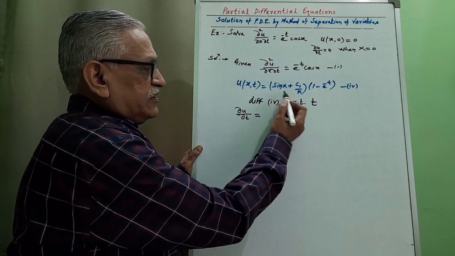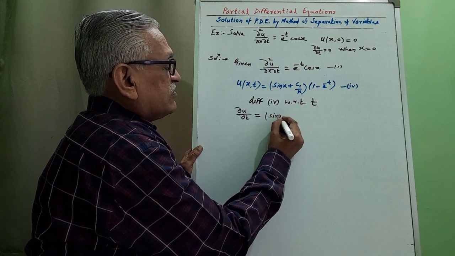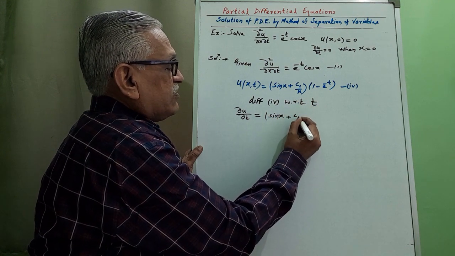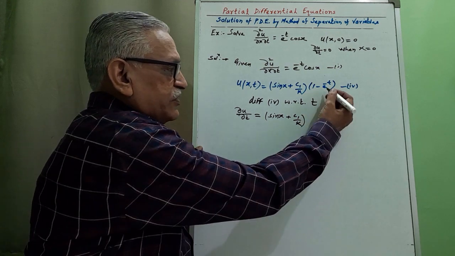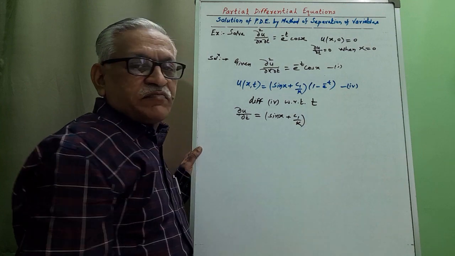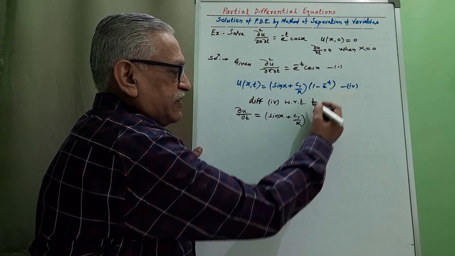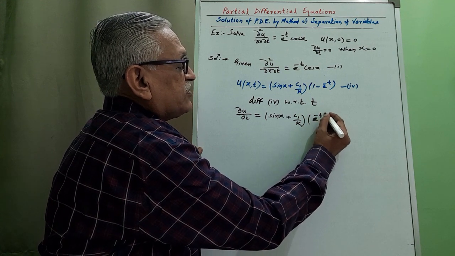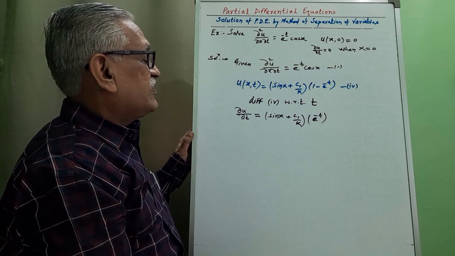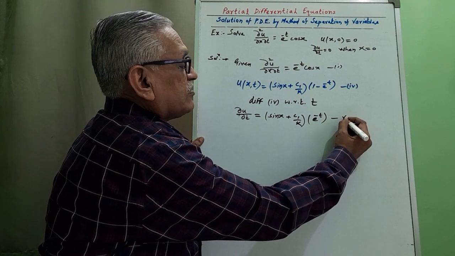With respect to t, this term is a constant term, therefore sin x plus c1 by k we take outside, and the differentiation of e raised to minus t is e raised to minus t into minus 1, that minus and this minus become plus, therefore it is e raised to minus t. We call that equation 5.